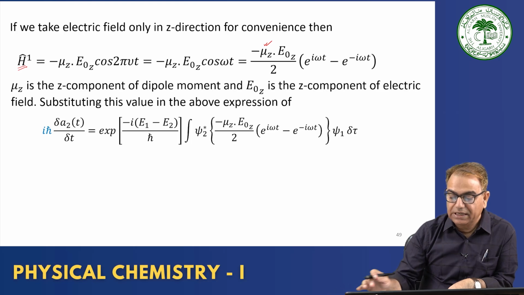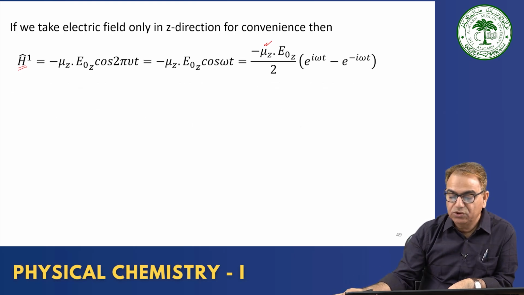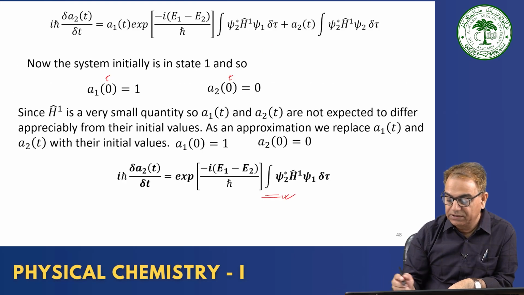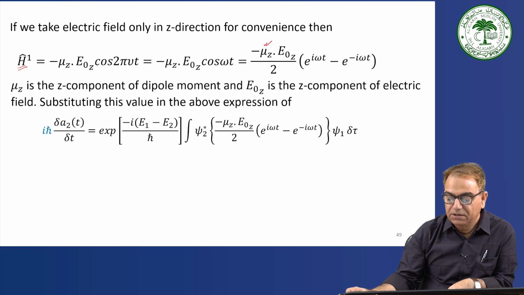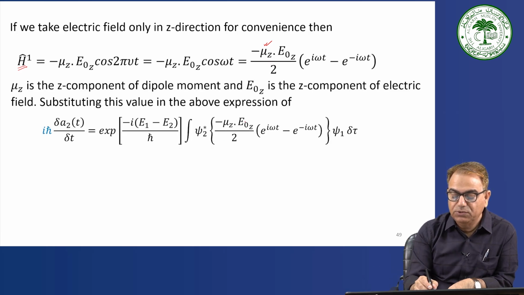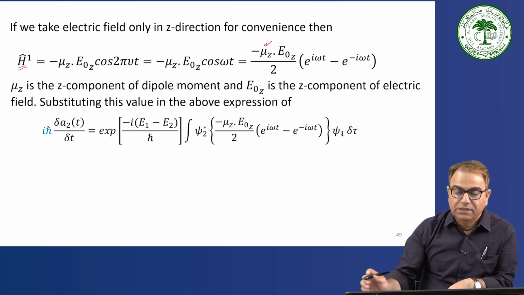You see, psi 2 h naught you were having, and the previous equation is this one, with psi 2 and h1 here. So after getting this equation, we look at the perturbation term, which is minus mu z E naught z divided by 2 times exponential i omega t minus exponential minus i omega t, psi 1 d tau.